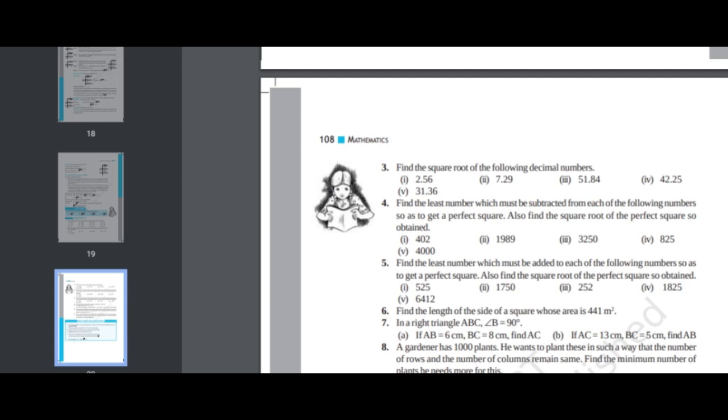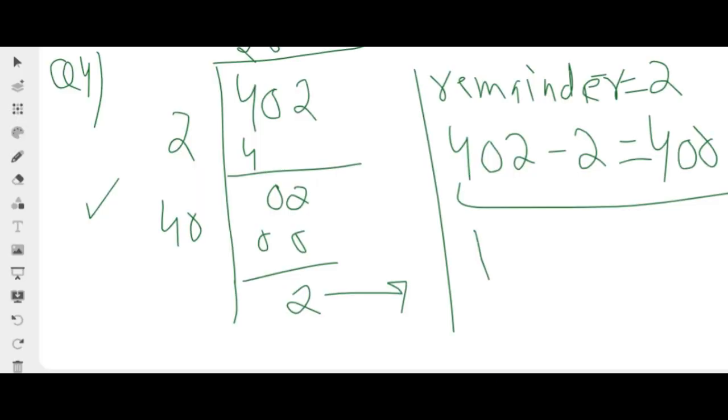So we have to write it like this: under root. When we have solved this, the remainder is 2. It represents that the square of 20 is less than 402 by 2.